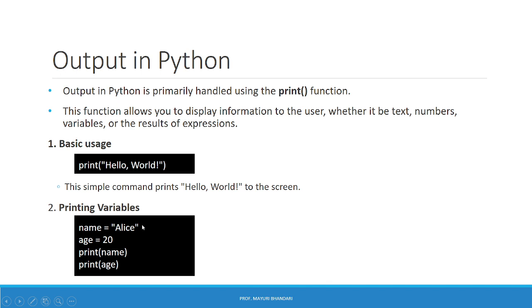Now if you want to print variables, in this example we have two variables, name and age, right? So we can directly print these variables like this: print name, print age.